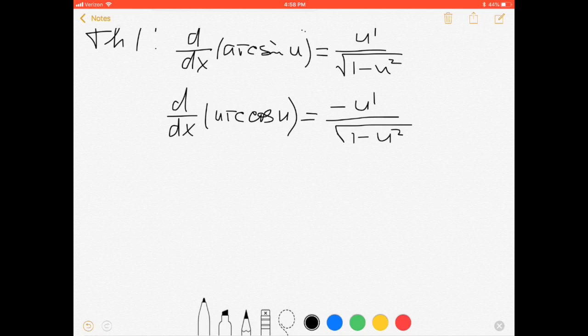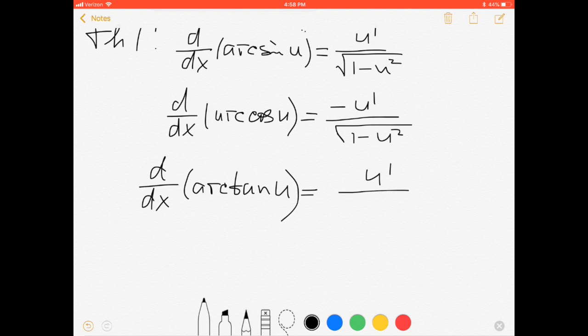Okay. Arctangent and arccotangent pair. D for dx. Arctangent u will be u prime over 1 plus u squared.